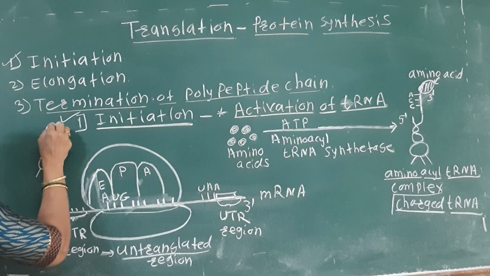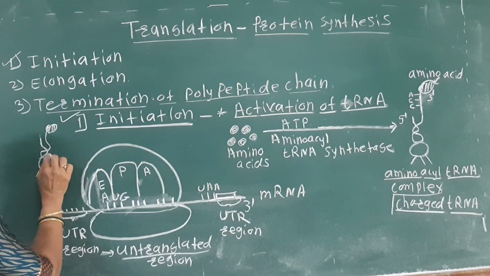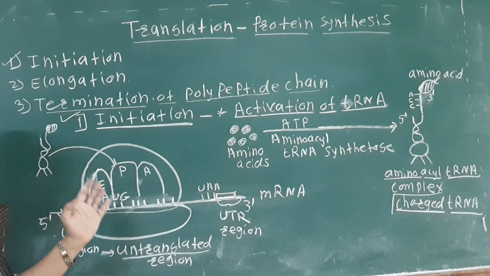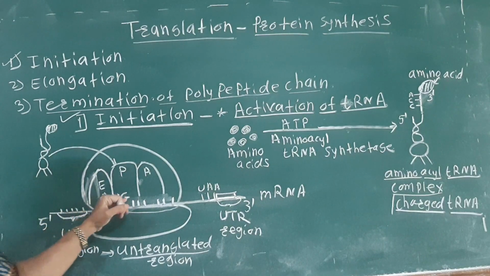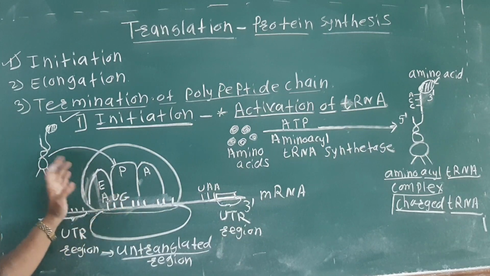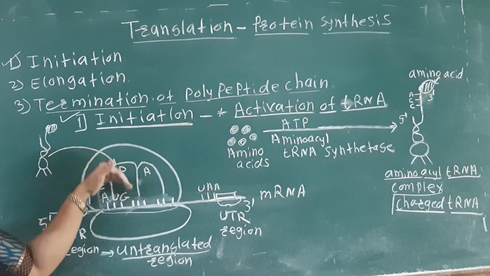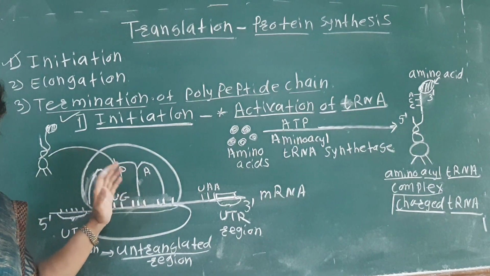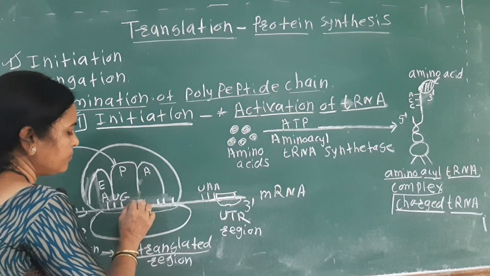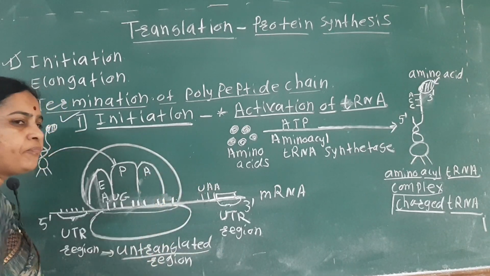So here is the amino acid first. Okay, so this tRNA, the first tRNA, mainly codes for the initiation codon, that is the AUG, and this first tRNA only enters through the P site, but the other tRNAs, which are coded by the other codons, mainly enter through the A site.